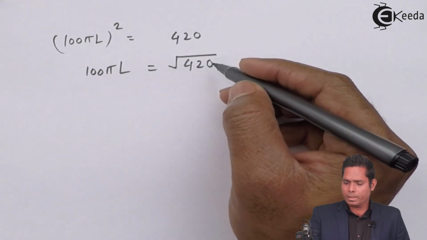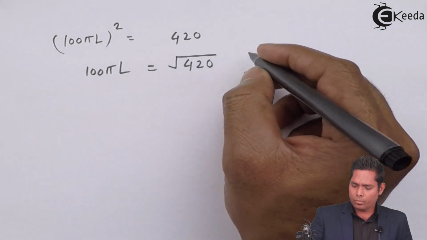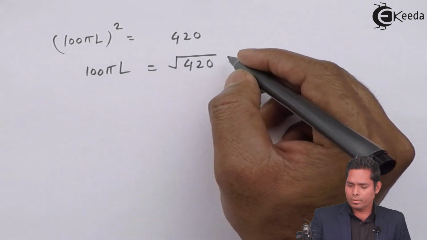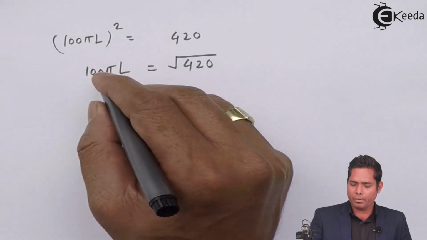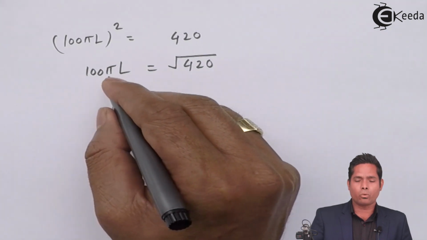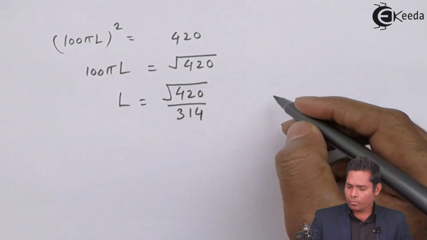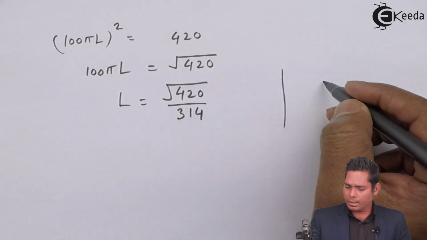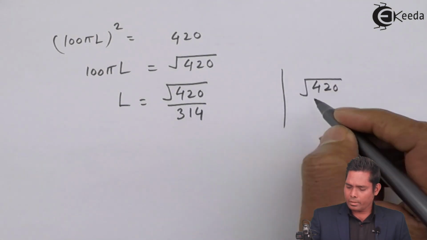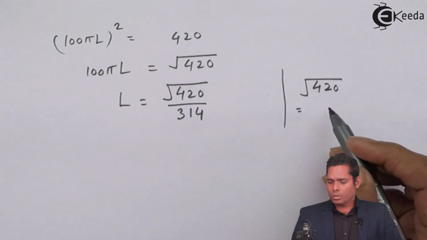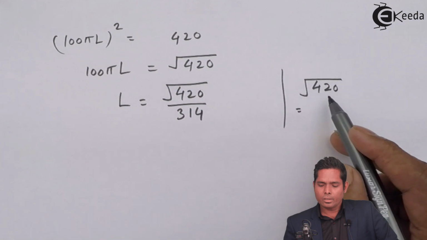This is approximately 20 point something, 20.49 something. That we'll discuss. Then pi is 3.14 multiplied by 100. So this is 314. 420 root you can find as 400 is 20, so 20 is there.